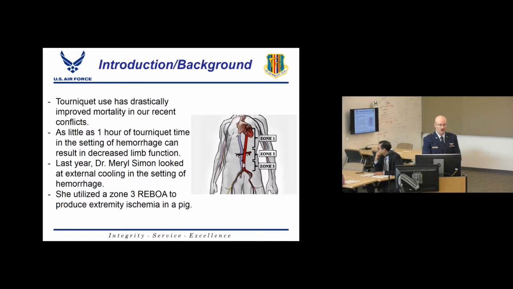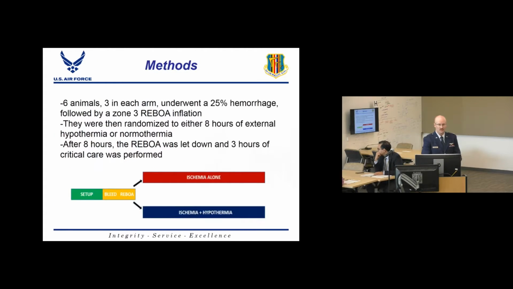And so for my study this year, we wanted to extend the amount of time that we were leaving the zone 3 REBOA in place in order to see if the benefit we saw from external cooling would hold. So for the methods, we took 6 animals, 3 in each arm, and we subjected them to a 25% hemorrhage, followed by a zone 3 REBOA inflation.